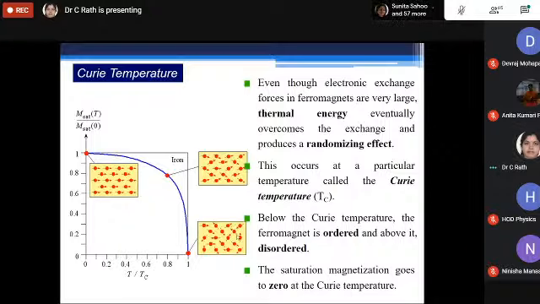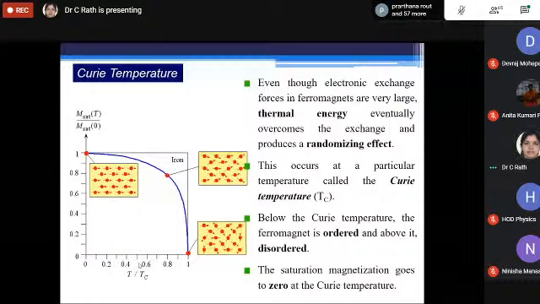So a ferromagnetic material can be a paramagnet. You always have to mention at what temperature it is ferro or para, because a ferromagnetic material can also behave like a paramagnetic material. In ferromagnetism, one can see that the slope is very small; the magnetization reduces very little with temperature.